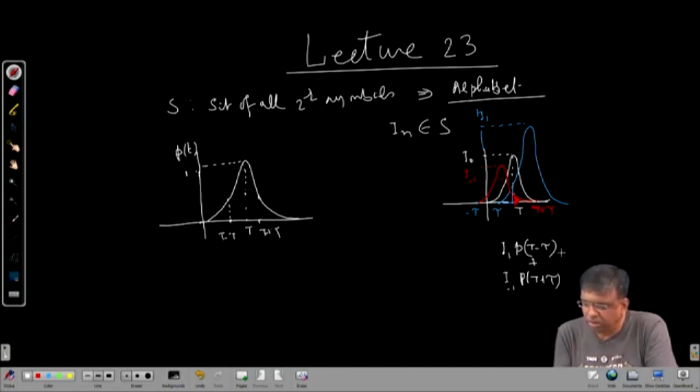So they will all get added. They are coming from other symbols I1, I minus 1, I2, I minus 2 and all that. So this will give rise to error, and this is called ISI, the inter-symbol interference component.